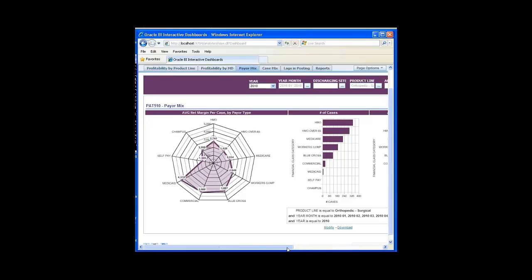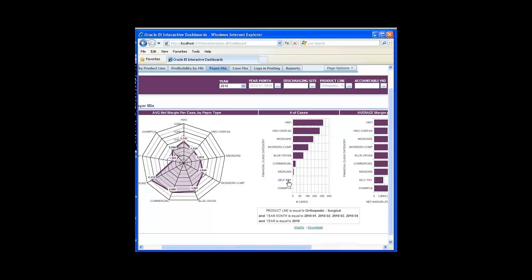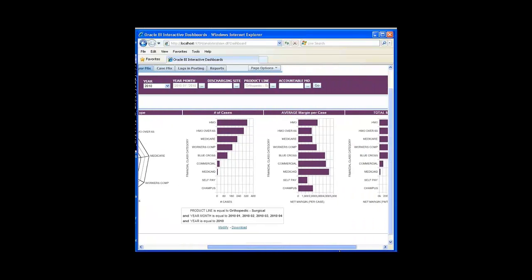So if I look over in the middle there, I can see that even though I'm doing very well for my Medicaid cases, I only had 9 of them, right? So naturally, you can see on a per case basis where you tend to be more profitable, but you have to take into context the number of cases as well.